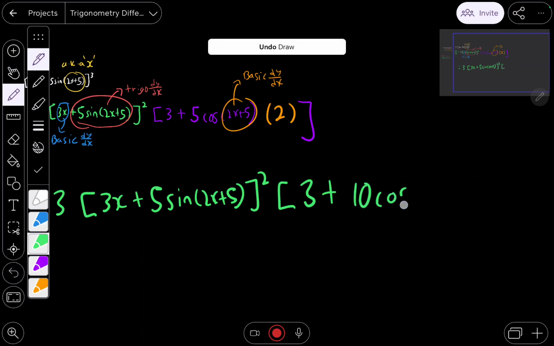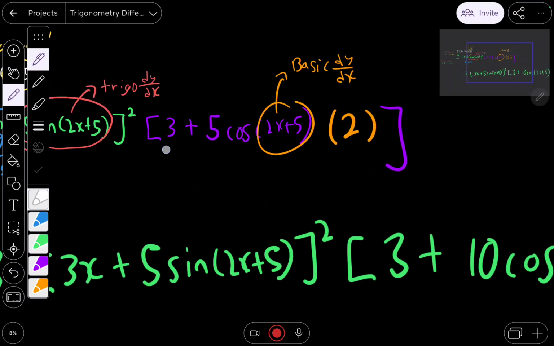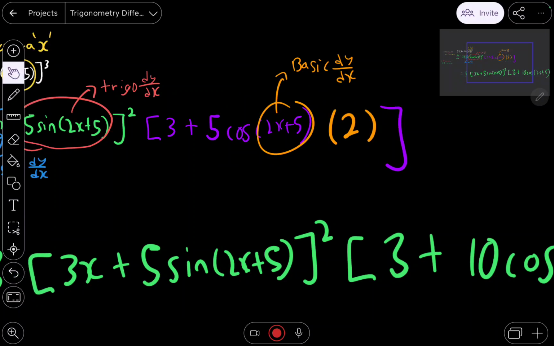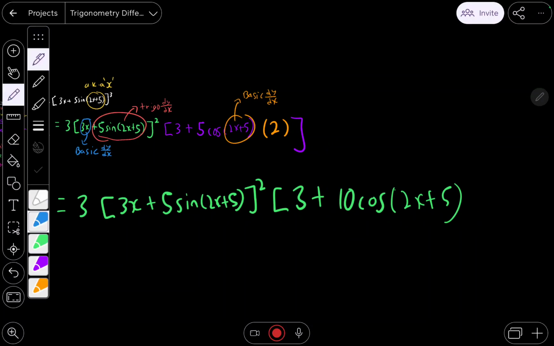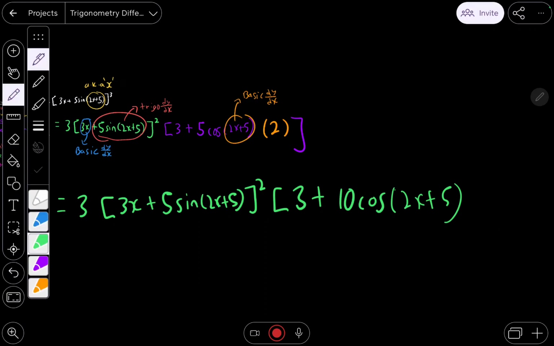Why 10 cosine? Because you see, this is one term, this itself is another term, so 5 times 2 is 10. Alright, so with that, is our answer complete? Yes. And for these square brackets, now I will change it to round brackets, or you can leave it in square brackets, it's fine.